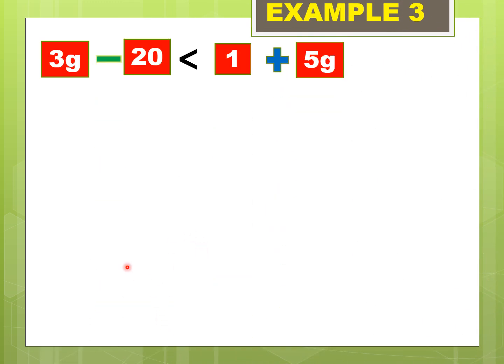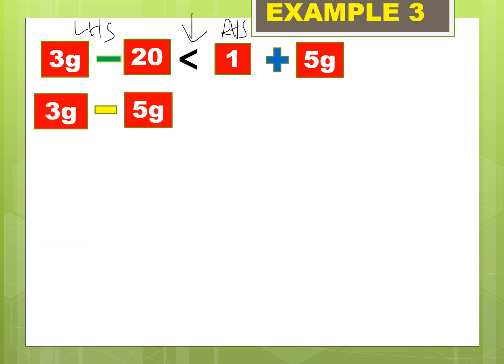Here is our third example. 3g minus 20 is less than 1 plus 5g. So again, left hand side, right hand side, our inequality, less than. So we're going to group like terms. So 3g will go with this plus 5g.